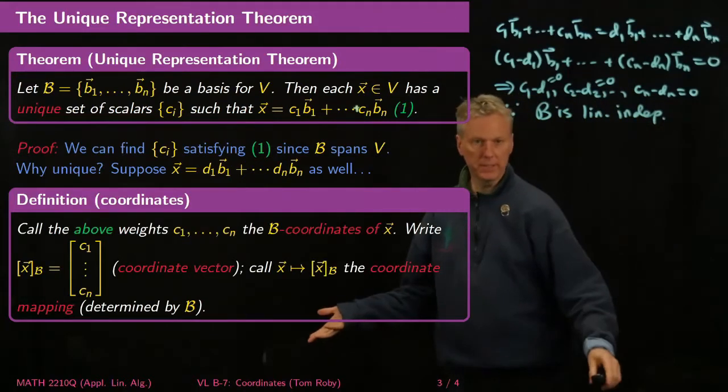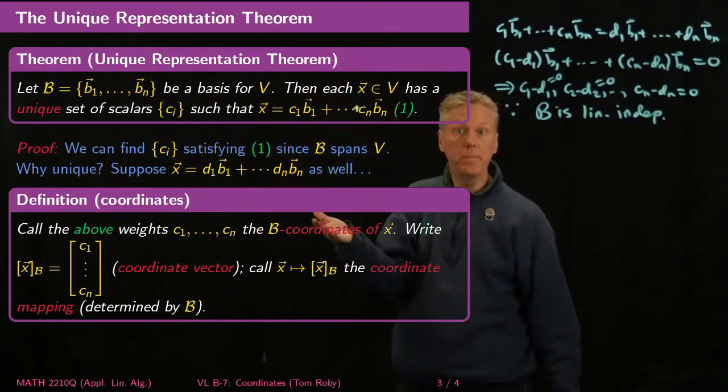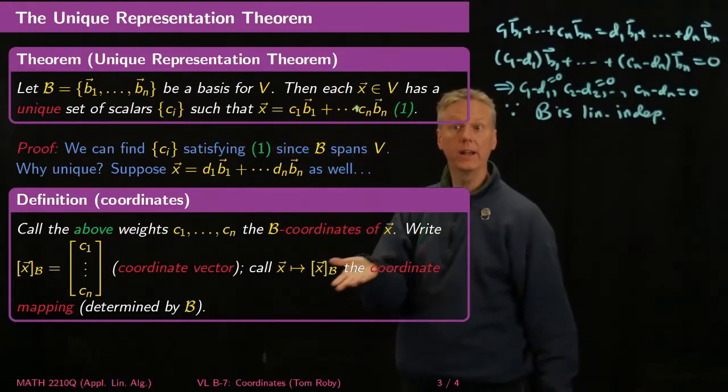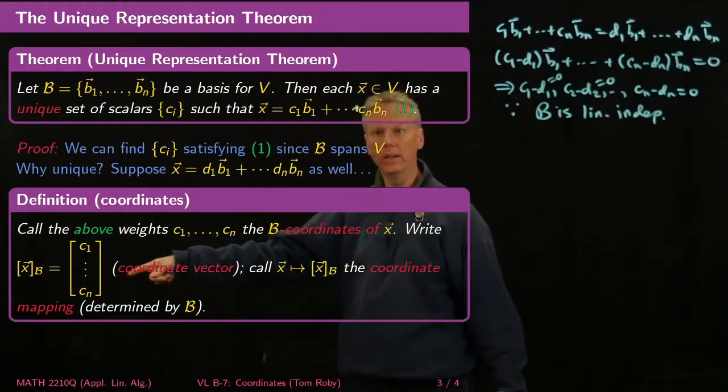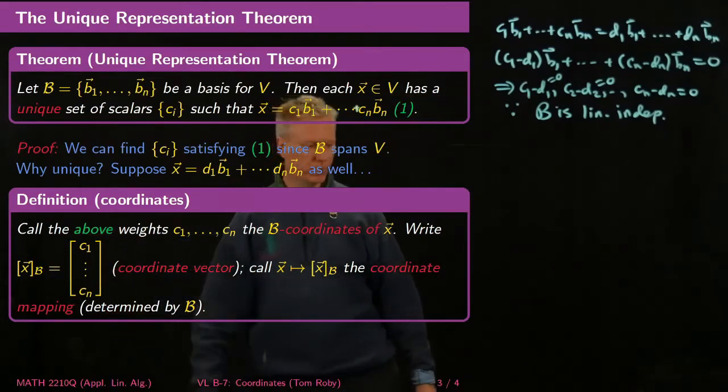And so what that lets us define is coordinates. I'll say that these weights are the script B coordinates of x. I'll write the coordinates of x with respect to B are c1 through cn.